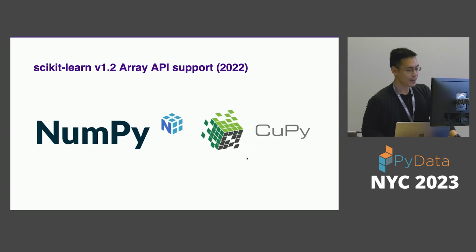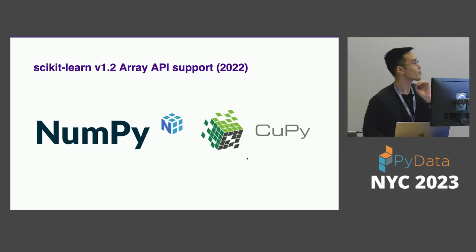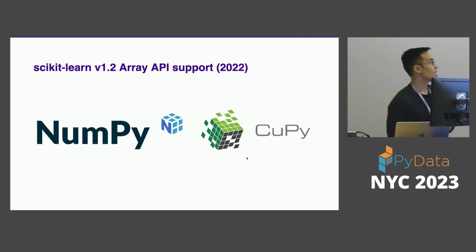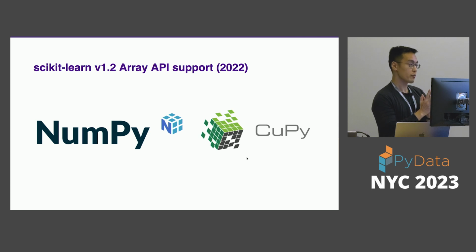Okay, so things have changed in 2022, last year, in version 1.2. We added Array API support, and we added this for one estimator because this was experimental, and this is new ground, and we want to explore the space.